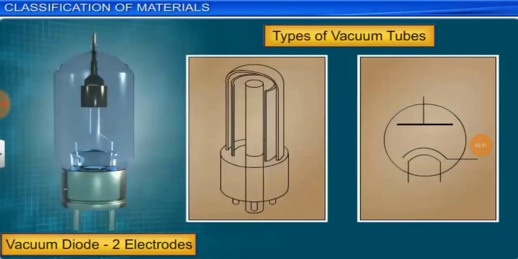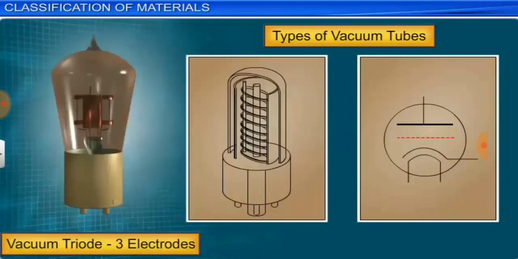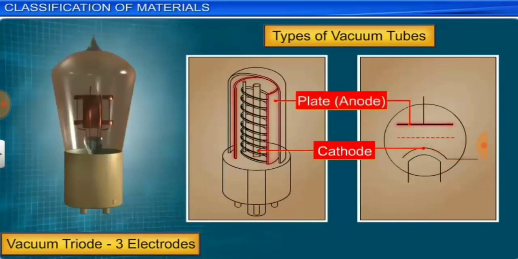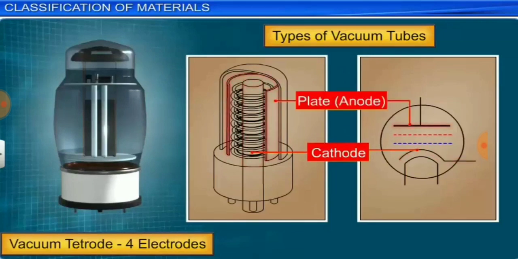Types of vacuum tubes. A vacuum diode has two electrodes, the cathode and anode. A vacuum triode has three electrodes: cathode, plate and control grid. A tetrode has four electrodes: a cathode, plate, control grid and screen grid.